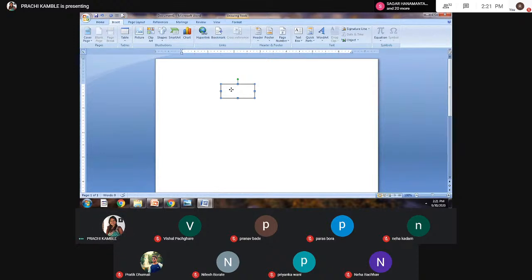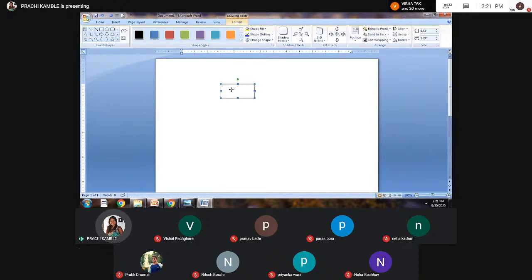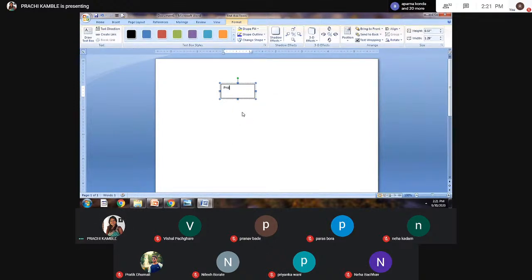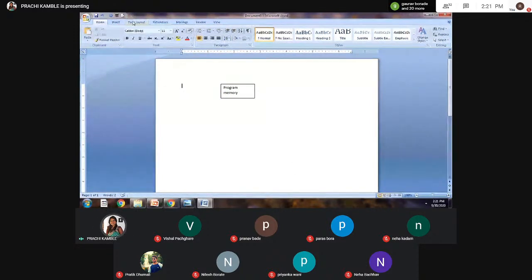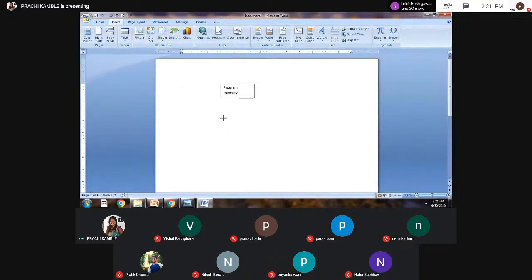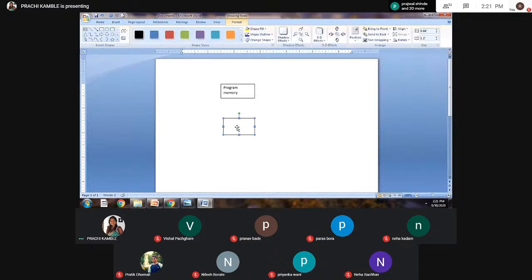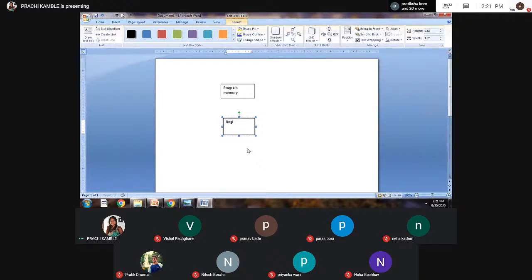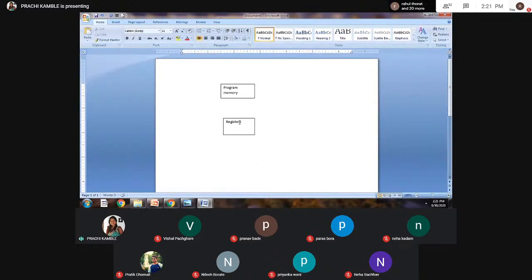So let's understand the normal memory access operation. There is a program memory, I will draw, and there are the registers. And whenever a register wants to access this program memory, what does it have to do?